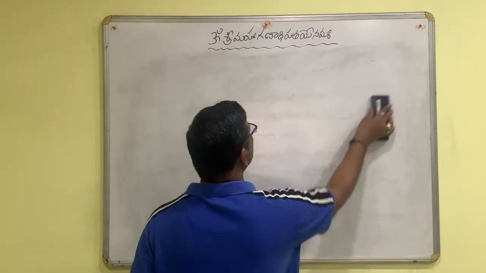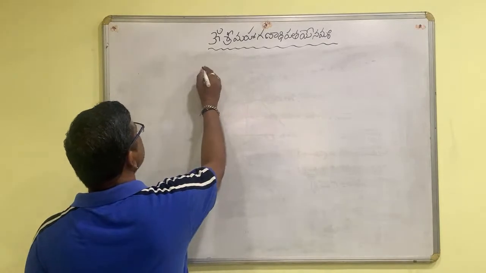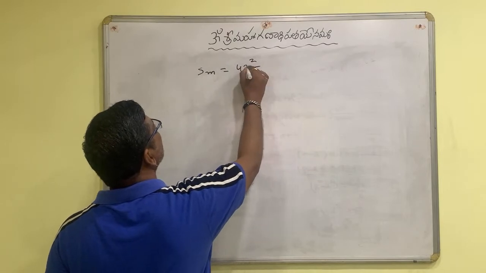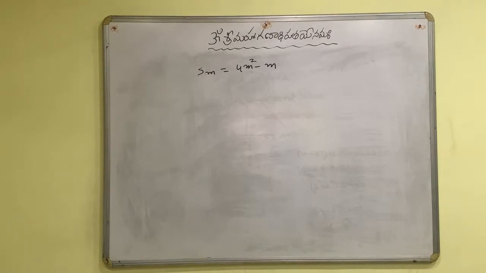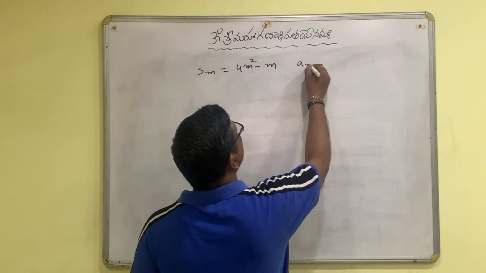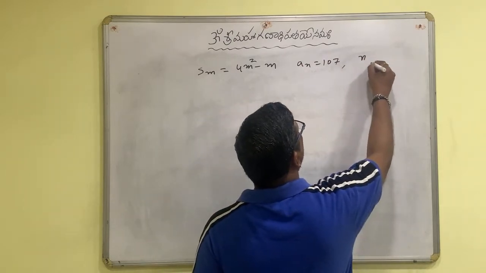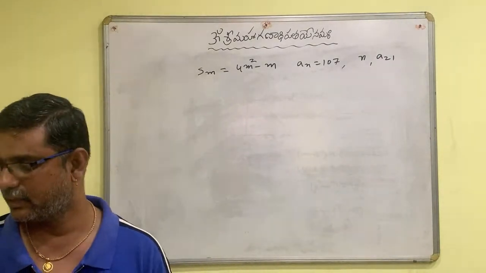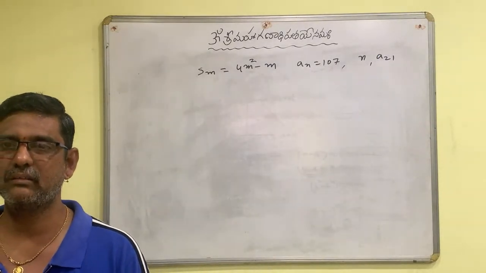Sm is given as 4m square minus m, and an is given as 107, and we need to find out n as well as a21.